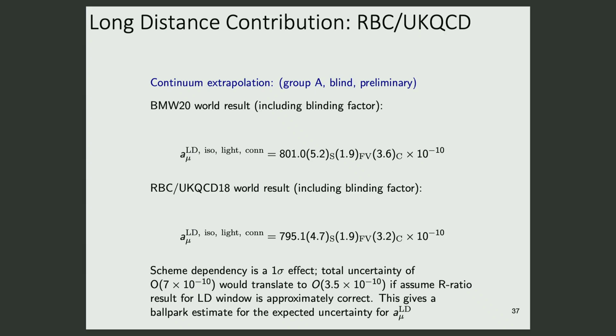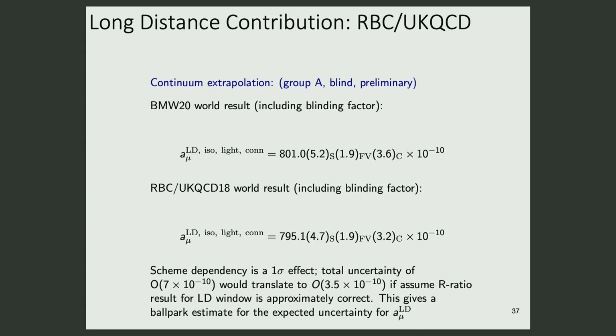That would correspond to an error of about 3.5 times 10 to the minus 10, which, if you compare to experiment, I think experiment now is down around 2. Or it might be close to this. Anyway, they're close. So this is about halfway to our goal.